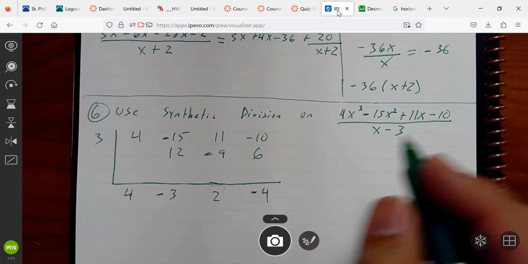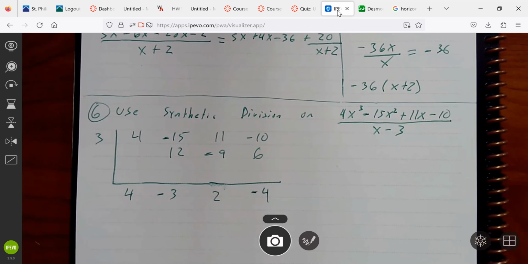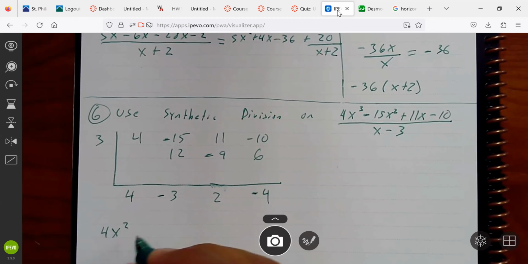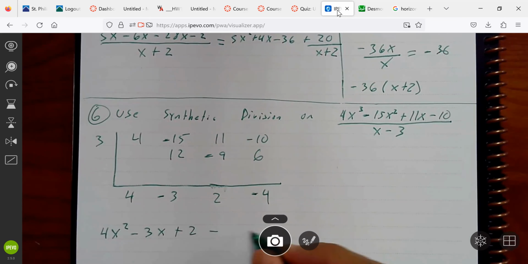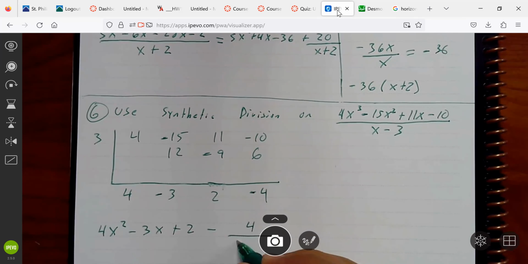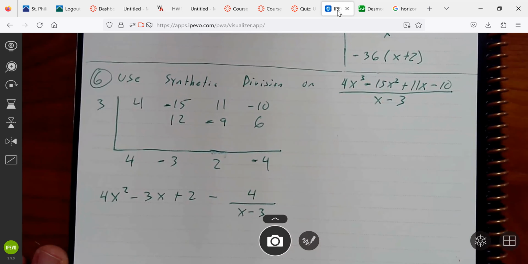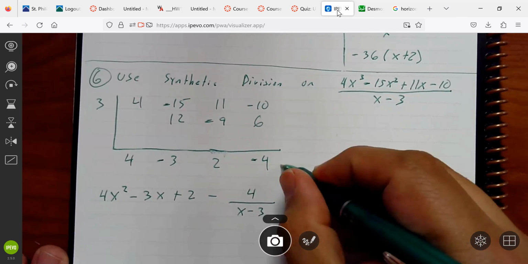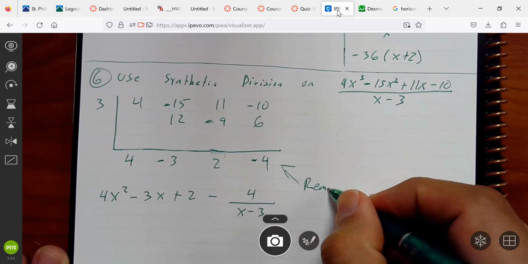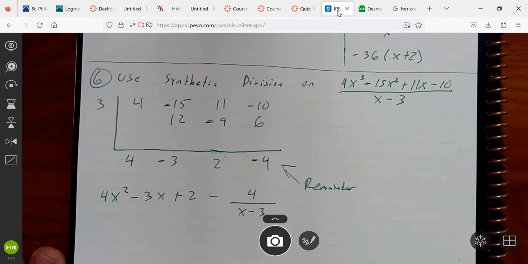So the quotient will be 4x squared minus 3x plus 2 minus 4 over your divisor. So this is the remainder, right? Any questions on 6?